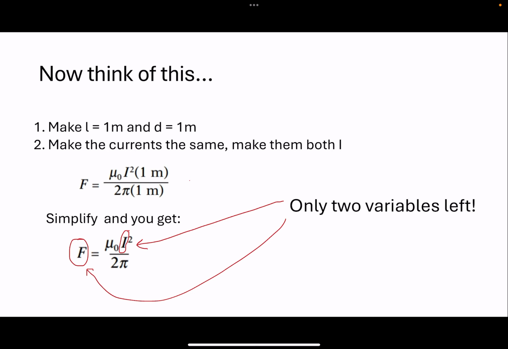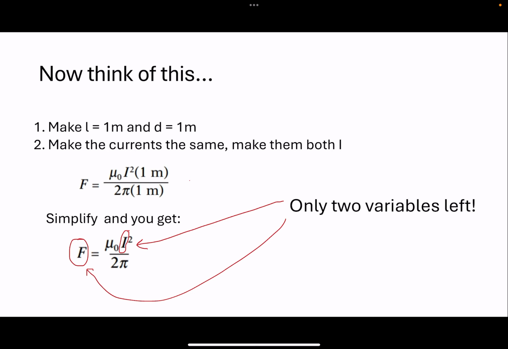If I simplify this formula, take a look. We get that the force equals our constant times the current in the wires that are the same, squared, over 2 times pi. We have only 2 variables left.